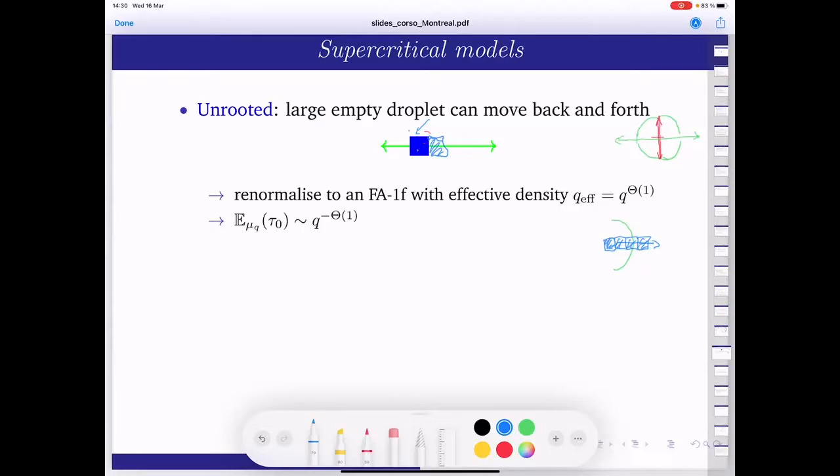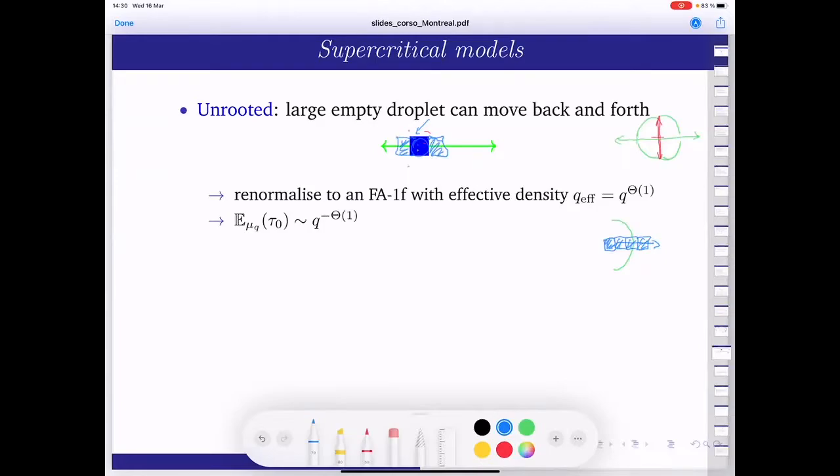So in the case where I have two opposite green semicircles, from this blue region I can empty one blue region here, which means that I can also refill it thanks to this initial droplet.